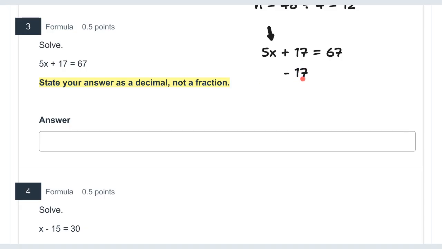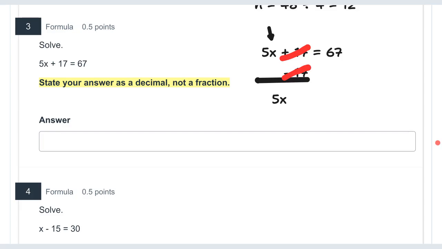When we do minus 17 on the left side here, these guys are going to go away, because that's why we picked the minus 17. That's going to leave us 5x on the left.